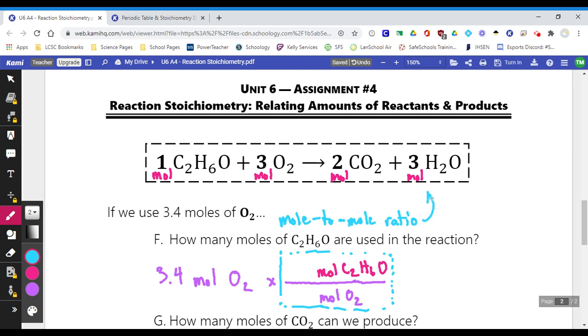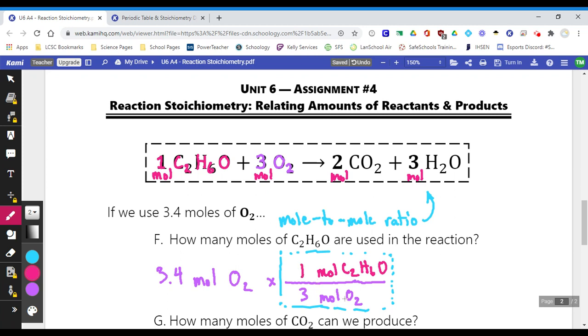That's telling me how much of this and how much of that can react together to make how much of this and how much of that. So in this case, it takes 3 moles of O2 and 1 mole of C2H6O to react together. So my ratio is 3 moles of O2 to 1 mole of C2H6O.